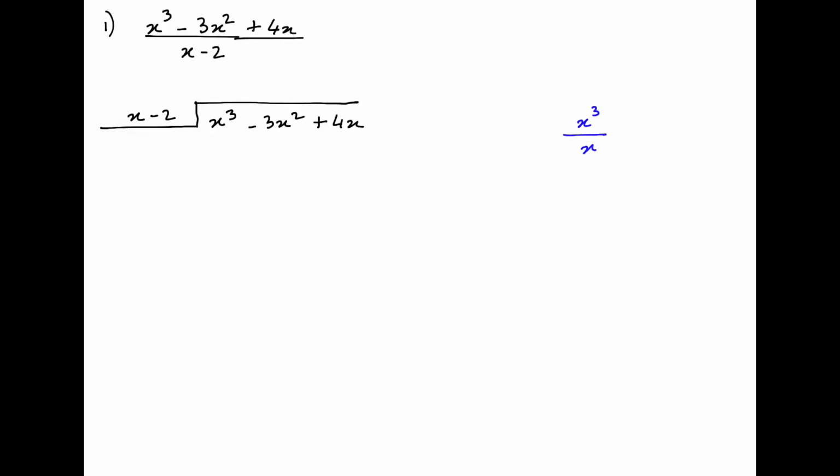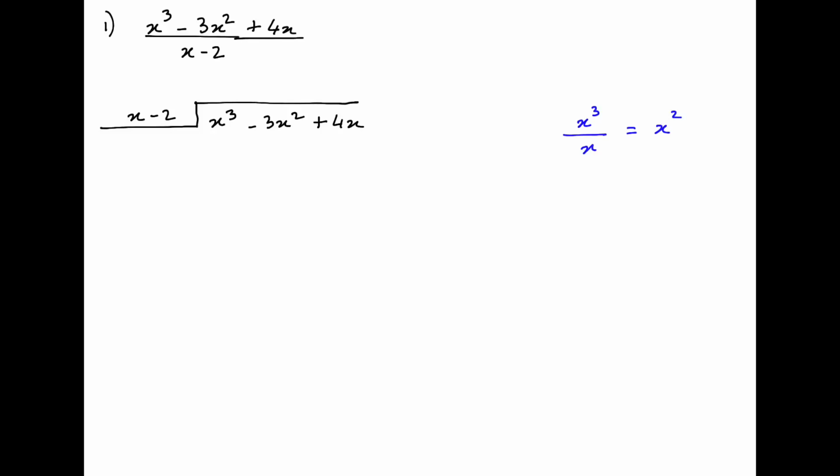If you know the indices rule, whenever you divide variables, you can subtract the powers. So 3 minus 1 will be 2. So I've got x to the power of 2.